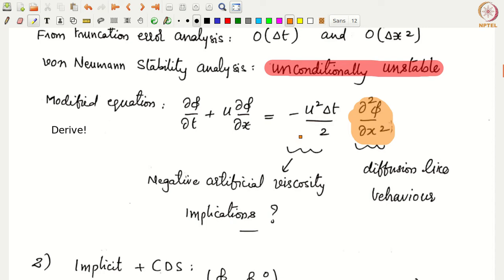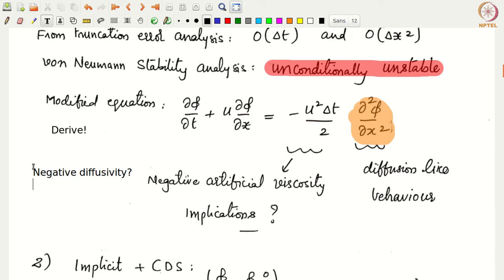So we know that if there is a positive viscosity, that tends to suppress the instabilities, right? Essentially it's going to introduce a diffusion like behavior because it is multiplying an even order derivative. Whereas if you have a negative value for the viscosity like coefficient, what does that mean? What will it do to the equation?